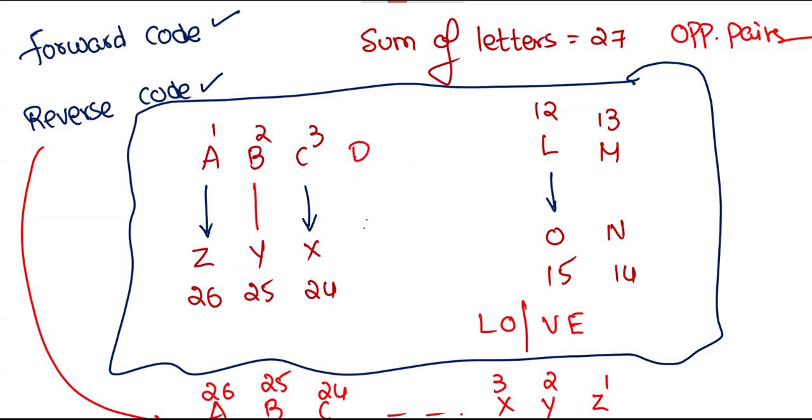A, B, C, D, DW David Warner, EV electric vehicle. You see, this is the opposite one. EV is an opposite pair. So if you break up from this LOV, LO is one pair, V is one pair. At least this word is useful for learning. Right? You can break up and divide into two. It doesn't mean you originally need to break up. I'm just conveying it as per the understanding process.